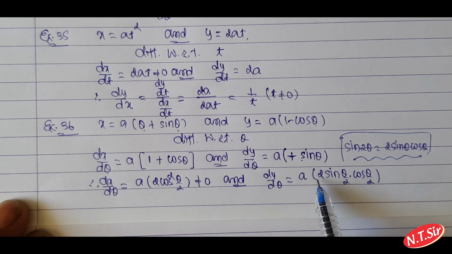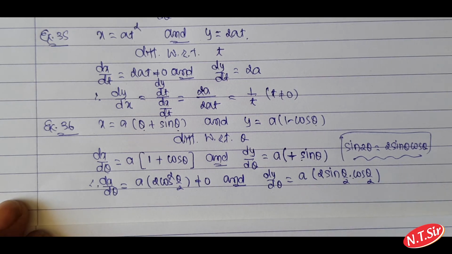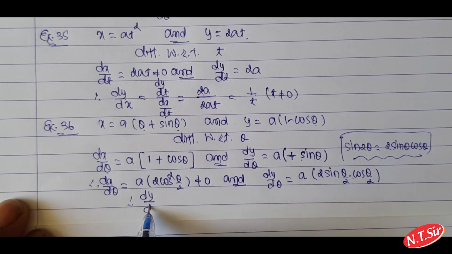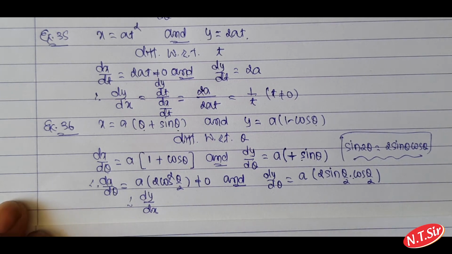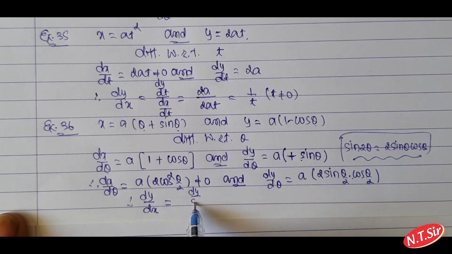That is, this is 2a sin(theta/2) cos(theta/2) होगा. So therefore, our target is to find the value of dy by dx. So dy by dx is equal to dy by d theta upon dx by d theta.